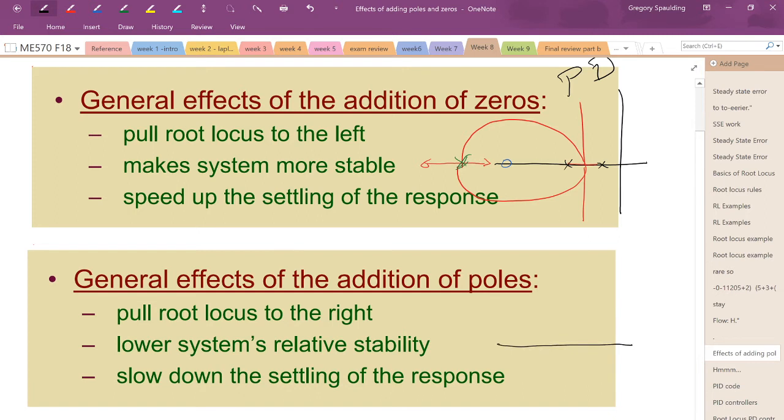Let's imagine again our second order system here, and look at our root locus with just a proportional control, and it looks something like this. And if we add a free integrator in here, like at our origin, what's going to happen is that it's going to remake our root locus. In this case, we're going to have it going like this and here.